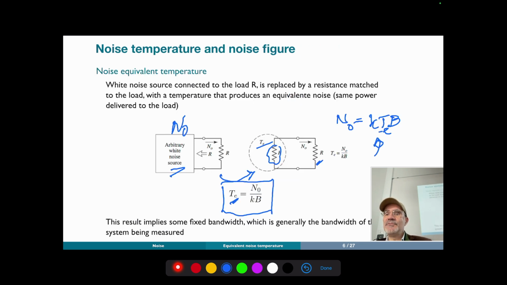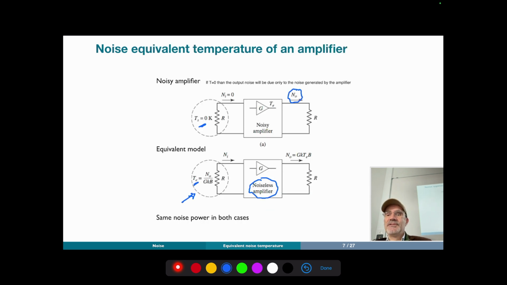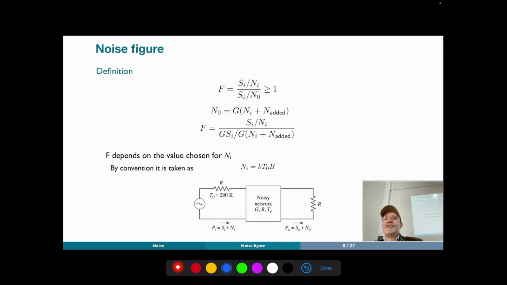If we compare this equation with the previous one, the difference is that we have to divide by the gain of the amplifier to define the equivalent noise temperature of the amplifier. The noise figure is defined as the ratio of the signal-to-noise ratio at the input over the signal-to-noise ratio at the output.